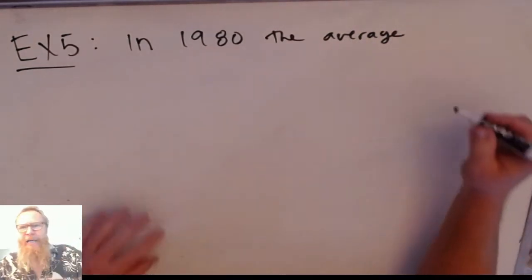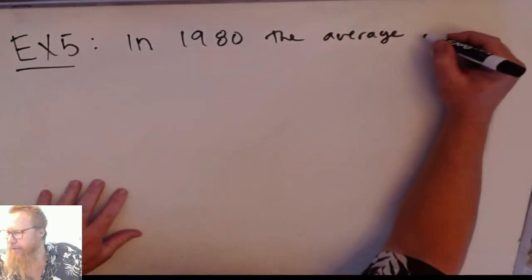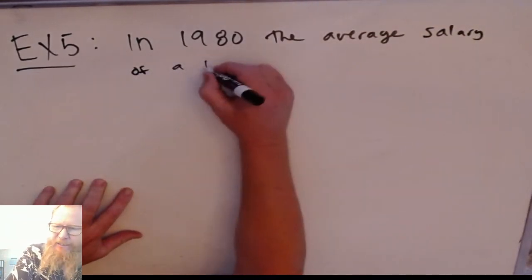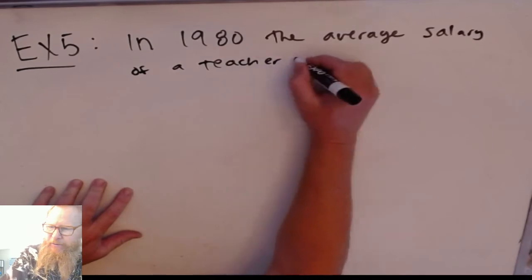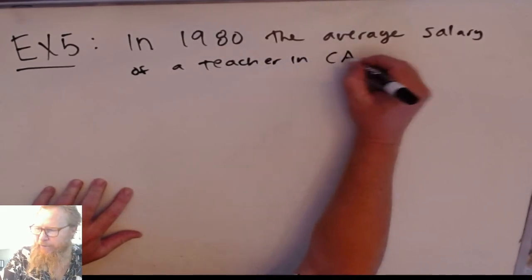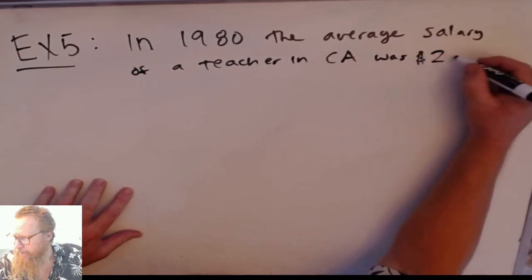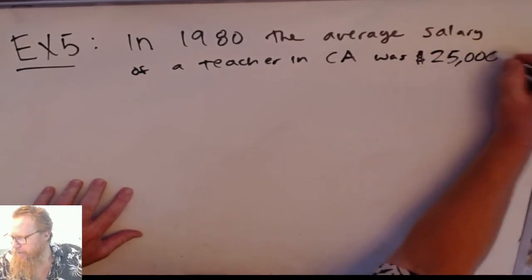So in 1980, the average salary of a teacher in California was $25,000 per year.